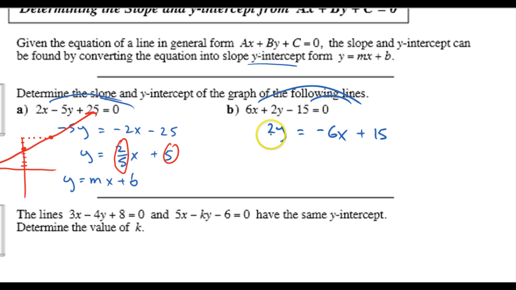And then I've got to get rid of the 2, so I'm going to divide everything by 2. So it's going to be y equals negative 3x plus 15 over 2, or 7.5. And there we go. As soon as I get it in this form, I can clearly see the slope and the y-intercept.